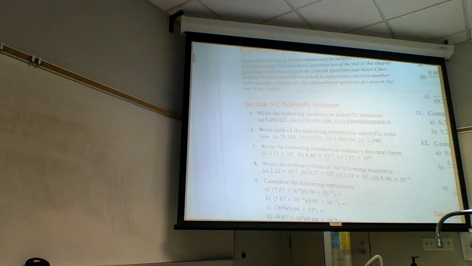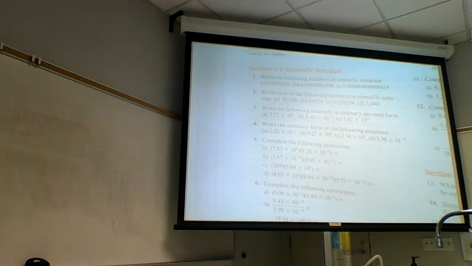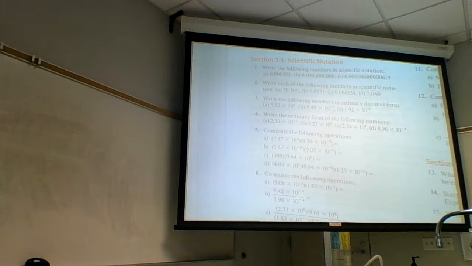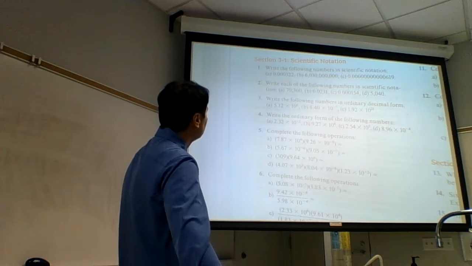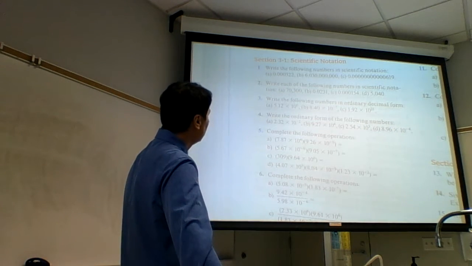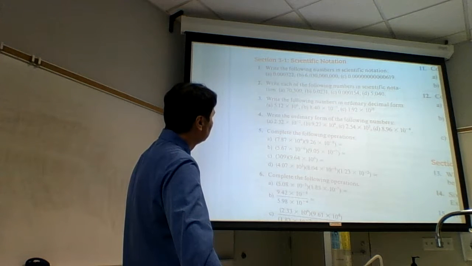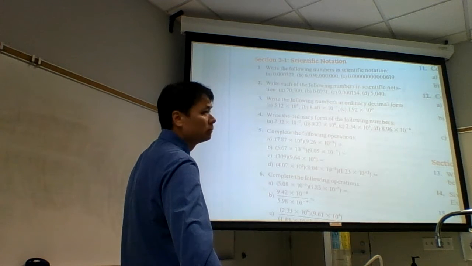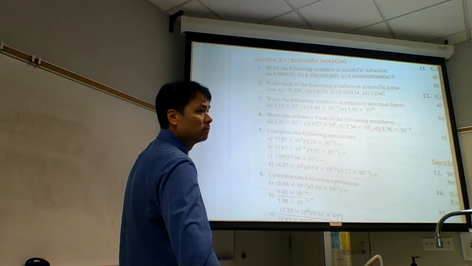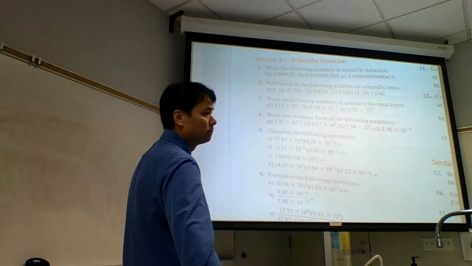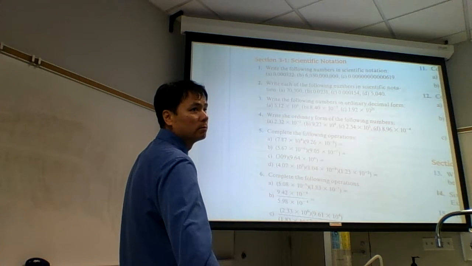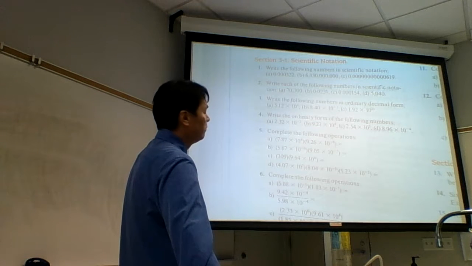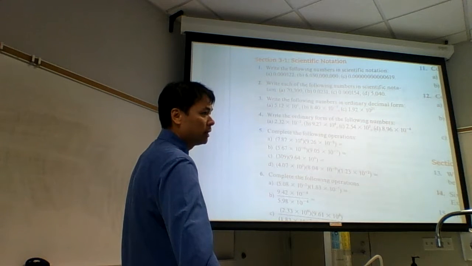And then we've got to go back and forth. Take a look at number 3. Write the following numbers in ordinary decimal form. What would A be? A would be 5,120,000.